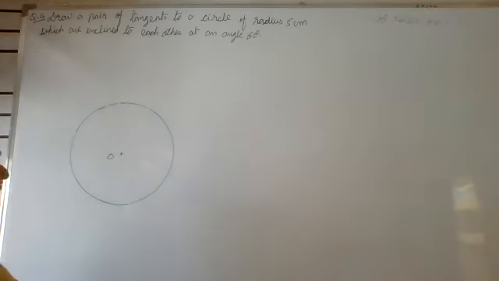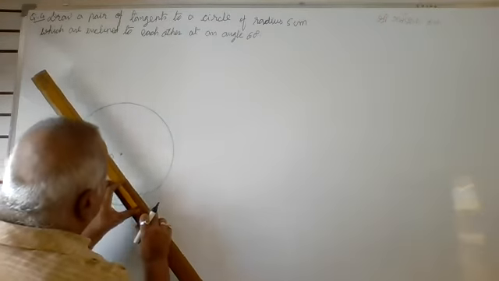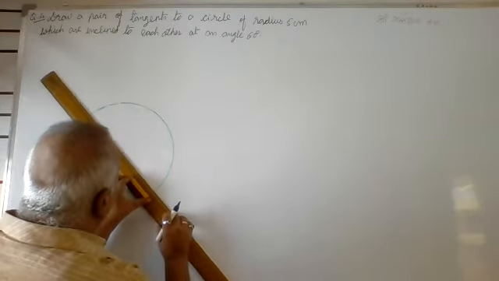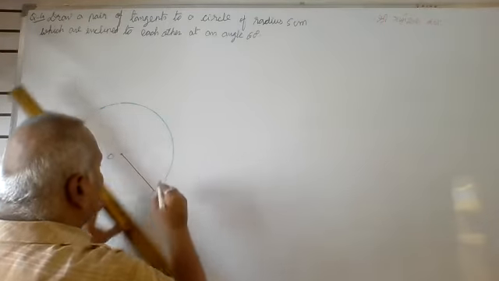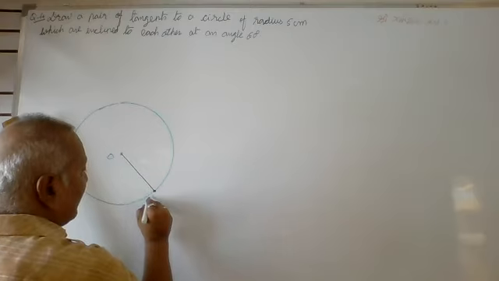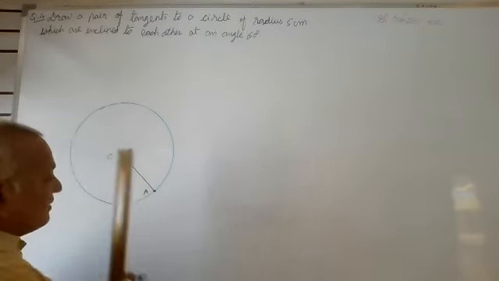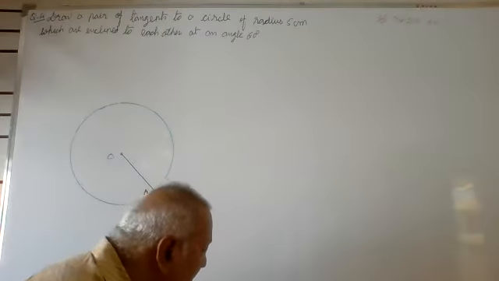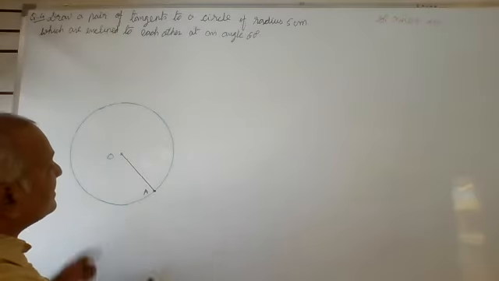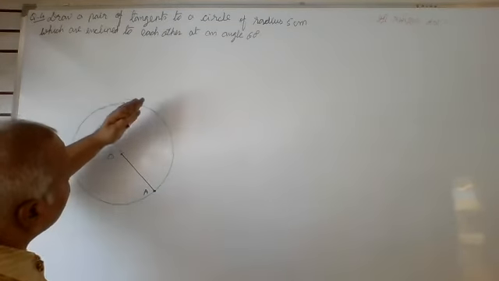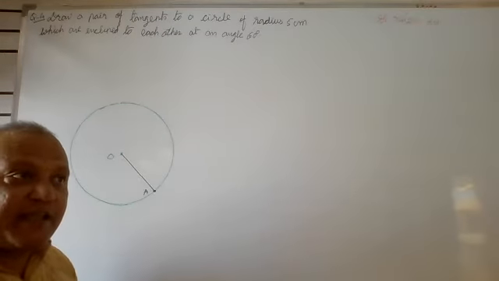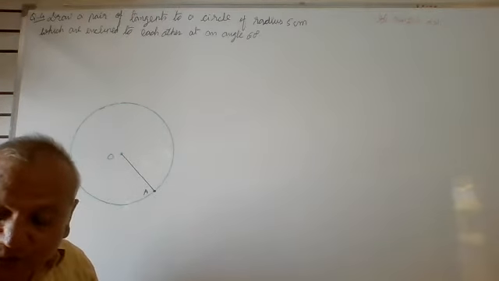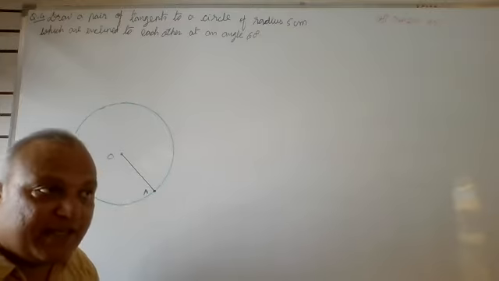So first, anywhere I have to construct a radius. I will select these two points. It is O and A is one radius. Then another radius we should construct in such a way that between the other radius and this radius it will form a 120 degree angle.